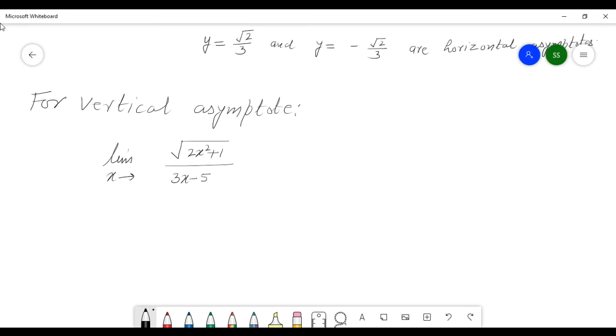Look over here, what will we do? We look at 3x minus 5. When will this be 0? Take 3x minus 5 equal to 0 and solve it. 3x equals 5.